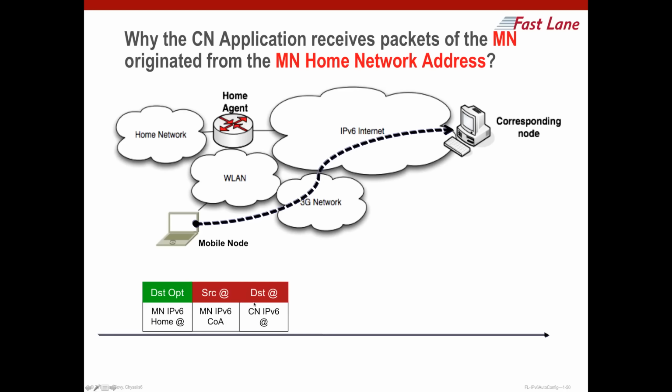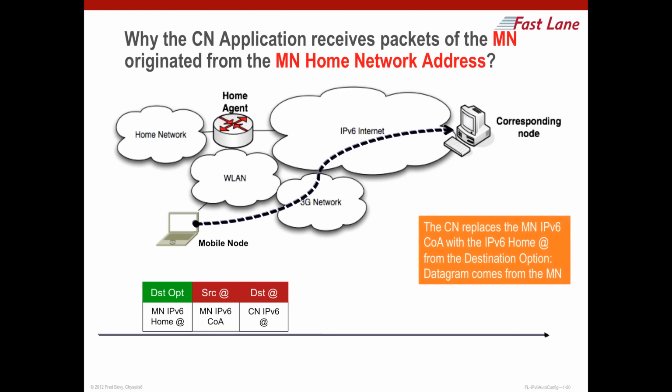So when the corresponding node is receiving the IPv6 packets, the IPv6 stack takes a look at the destination option and it finds the mobile node IPv6 home address, and it is going to swap the mobile node IPv6 care of address with the mobile node IPv6 home address.